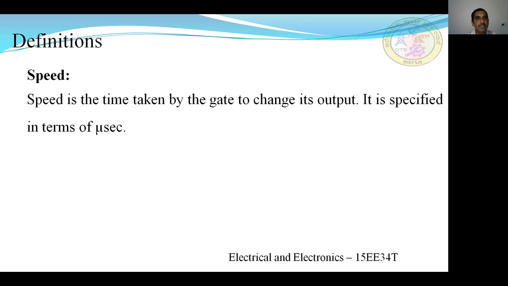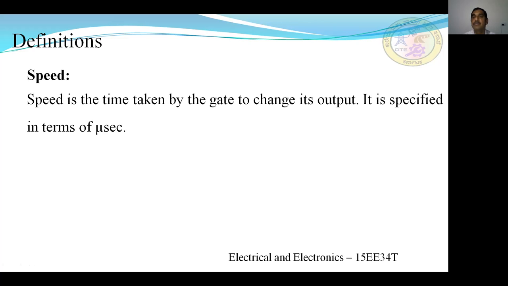So next definition, speed. Speed is the time taken by the gate to change its output. Once you apply the input, you get the output, and the speed is how much time it takes between giving the input and getting the output.